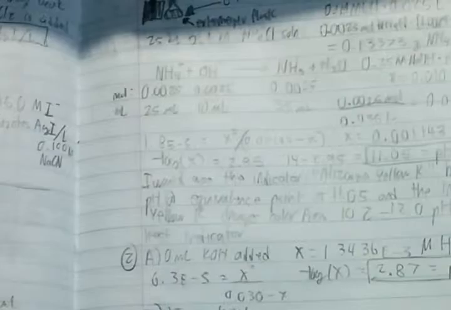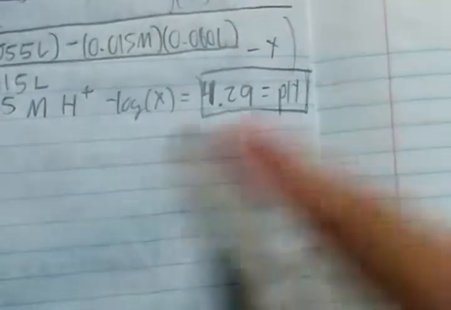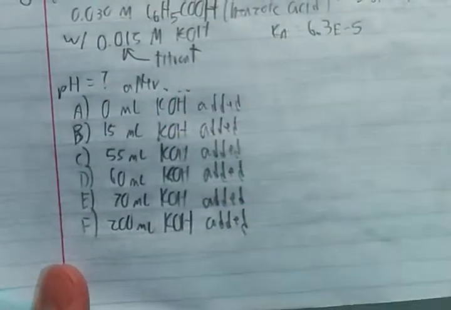The pH of the last value is 4.21. Handwriting fail, this is a 2. And the pH of the new value is 4.29. So it actually increased. This makes sense because there's more base added, so it makes sense that the pH would be higher.